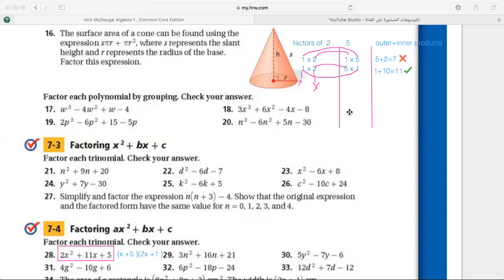Okay, girls? Let's try to do the other one. I have here, now I will do number 29.